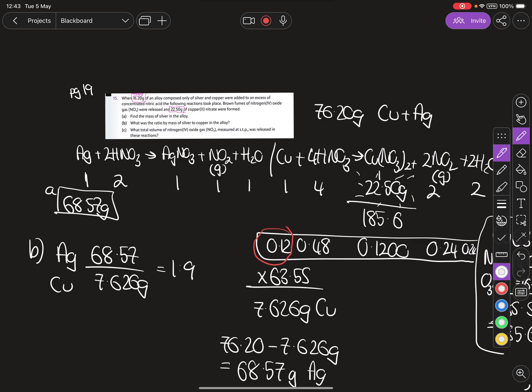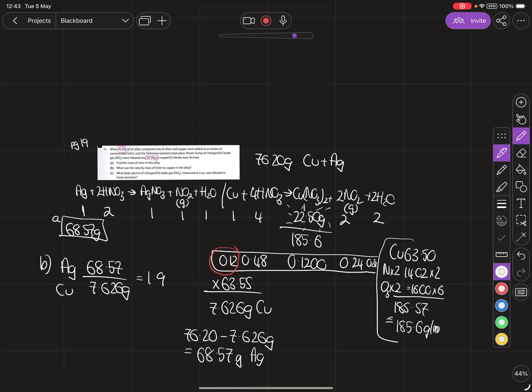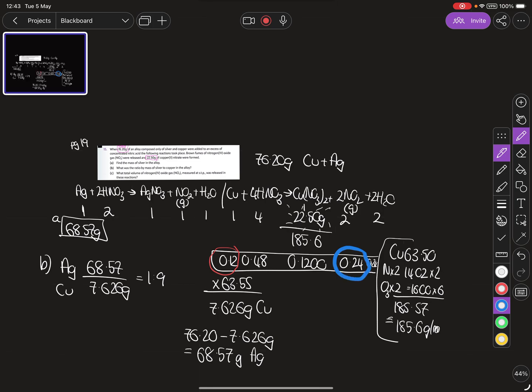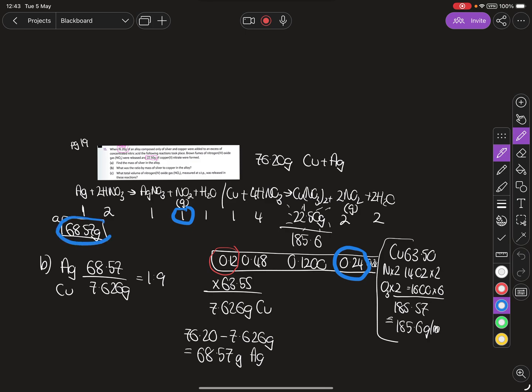Question C asked, what total volume of nitrogen dioxide gas measured at STP was released in both of these reactions? So the nitrogen dioxide, I have this information here, and all I have is this ratio and this mass.